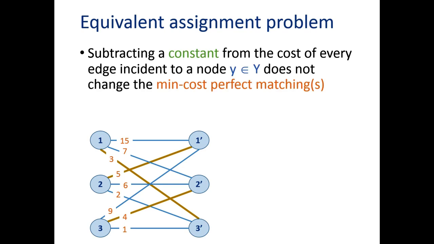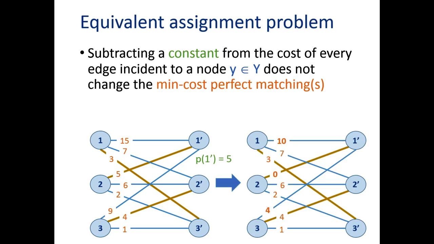Similarly, now let's look at the right-hand side. I'm now going to subtract a constant from the cost of every edge incident to node 1, and again I'm going to call that the price of that node. So now price of 1 prime is 5, and that means I'm going to subtract 5 from these 3 costs, from 15, from 5, and from 9. This way I get down to 10, 0, and 4.